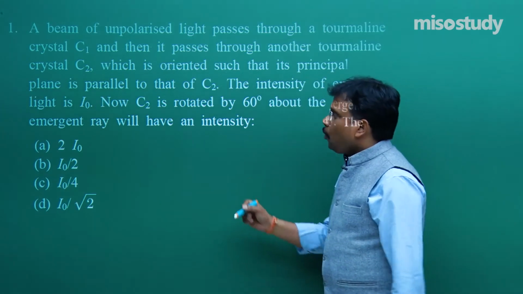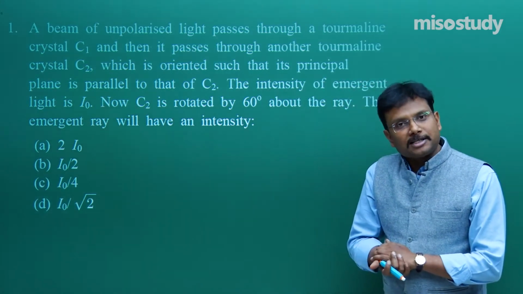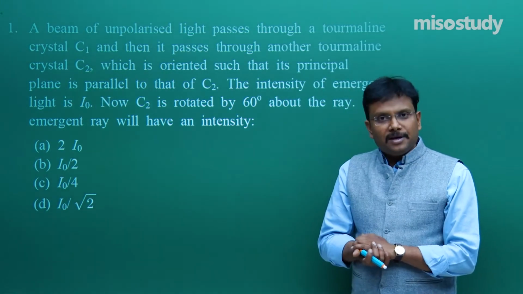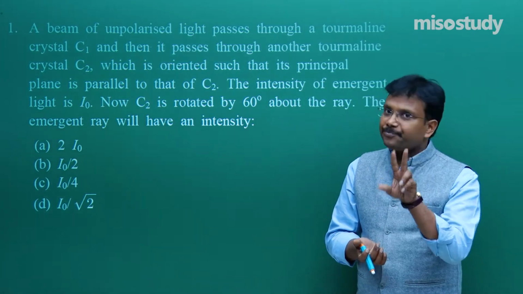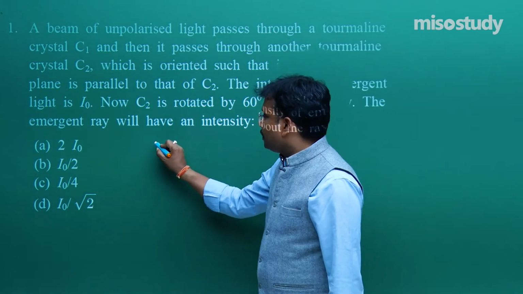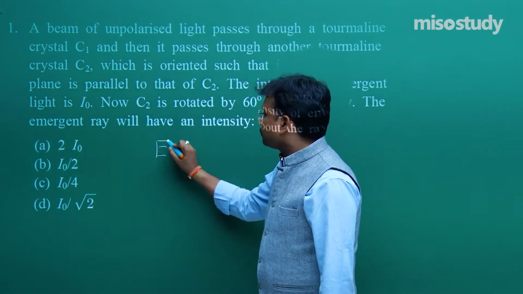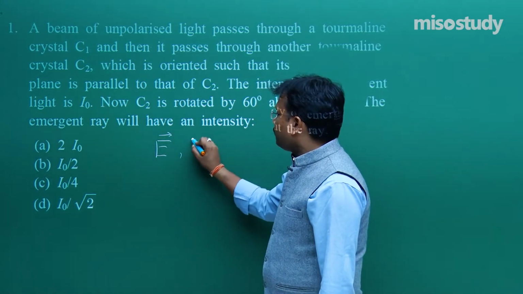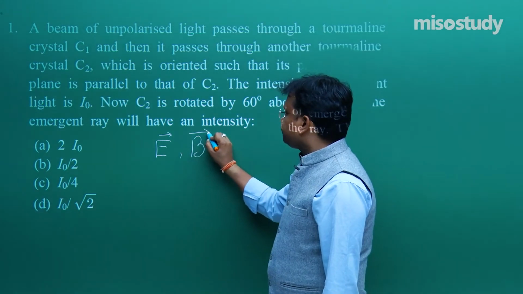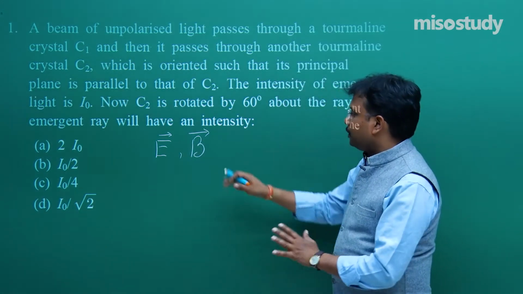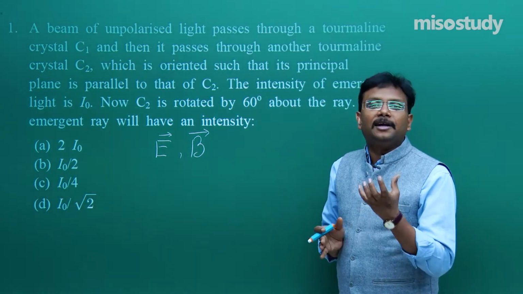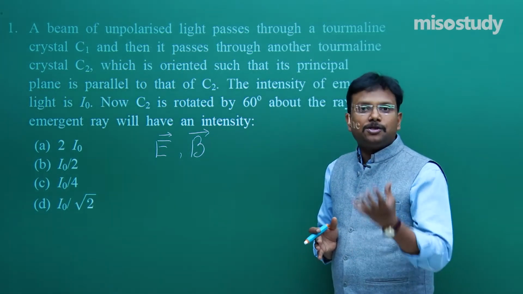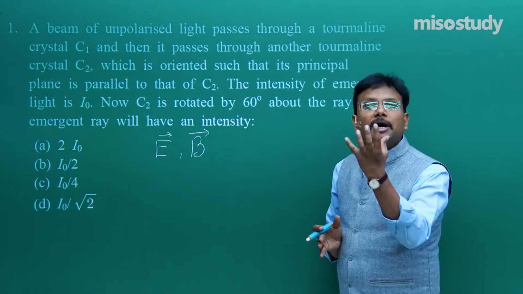What exactly is the meaning of unpolarized light? Unpolarized light means, you know, light waves have two vectors, the electric vector E and the magnetic vector B. Out of these two vectors, only the electric vector has the tendency to oscillate, to vibrate in all possible directions.